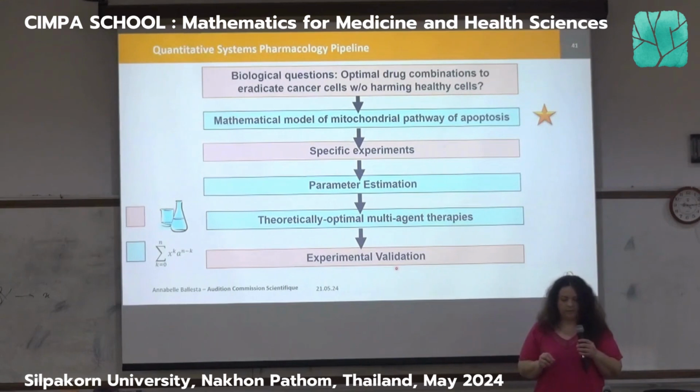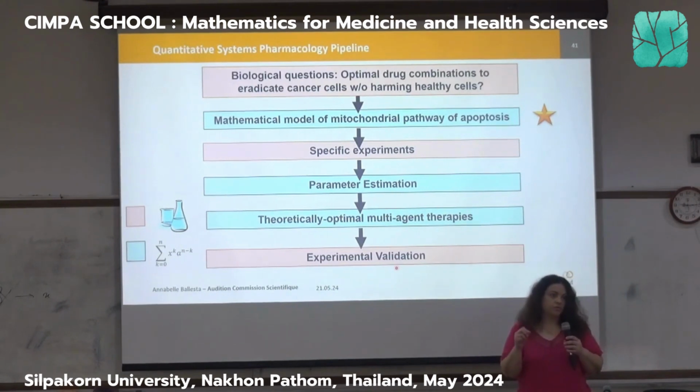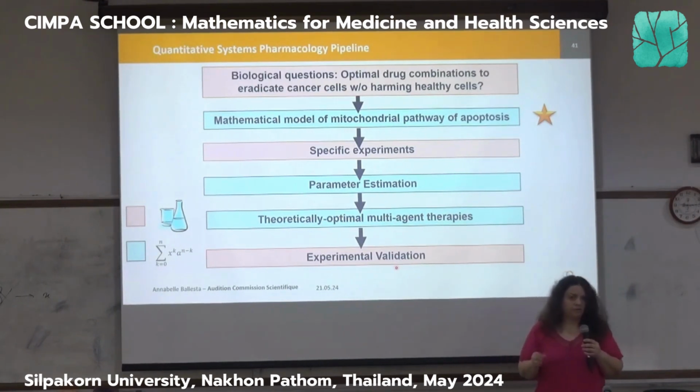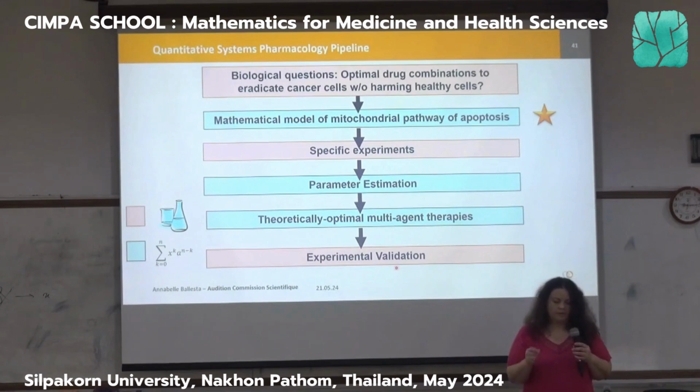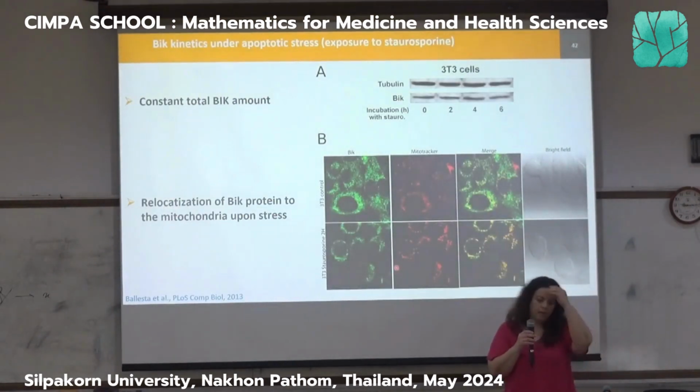In that case, that will be staurosporine. Staurosporine is a drug that is used in the clinics to cure, or to try to cure, some types of cancer. And here, biologists have used this drug to try to kill the cancer cells in vitro. So let's have a look first at the biology before going to the modeling.